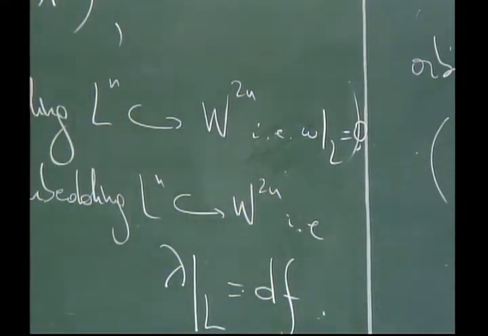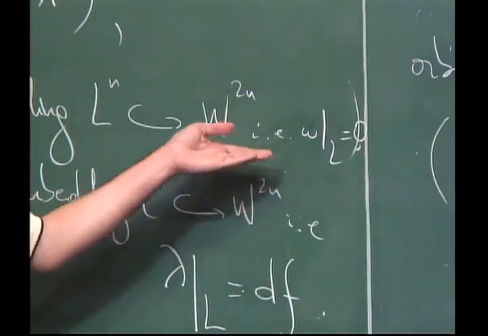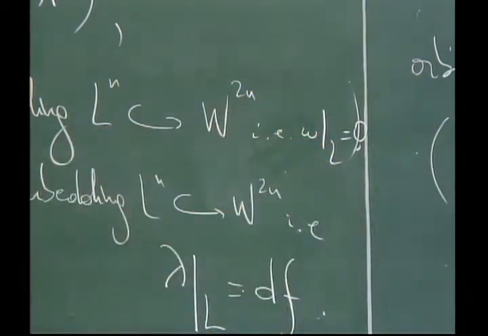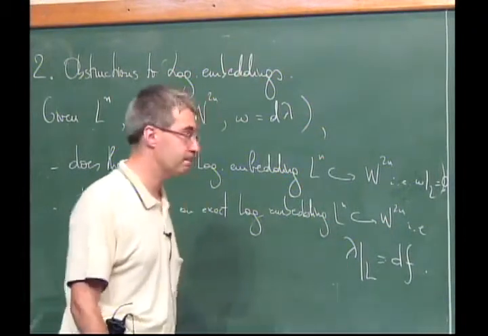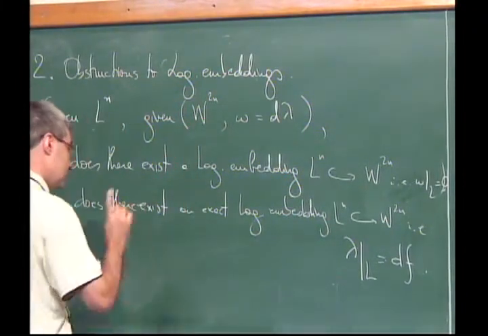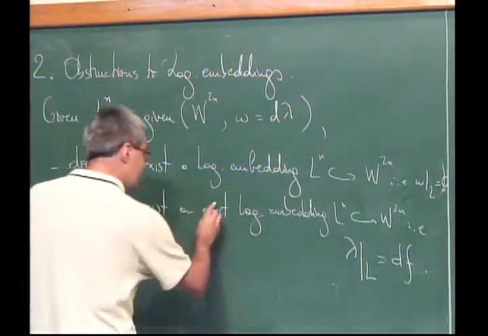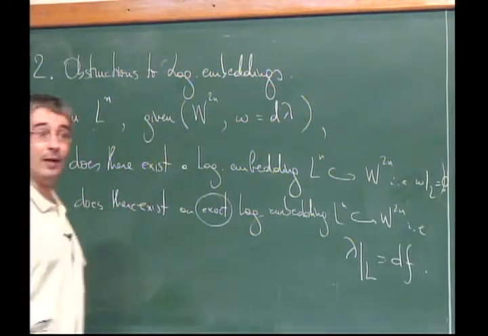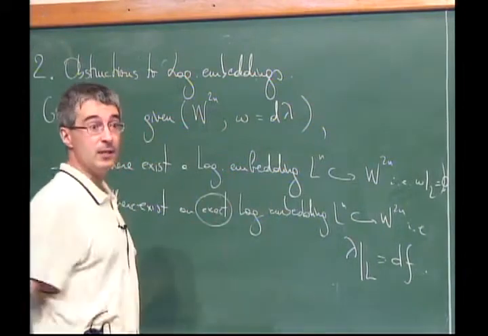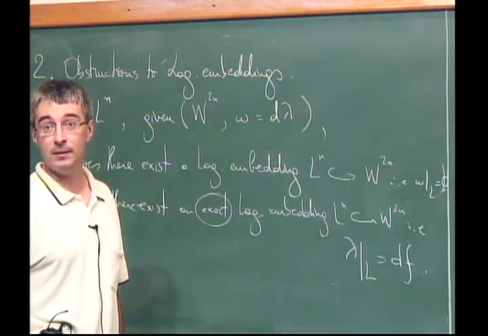Of course, it is closed because its differential is omega and it's supposed to restrict to 0, right? So lambda is a closed one form when restricted to L. So symplectic homology is going to be able to answer questions in the second vein, about existence or non-existence of exact Lagrangian embeddings, right?